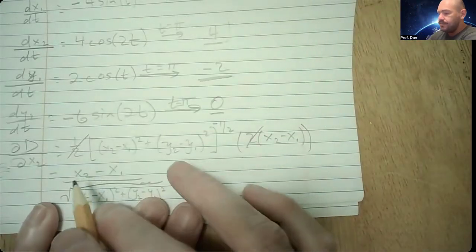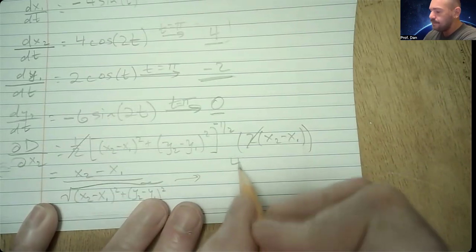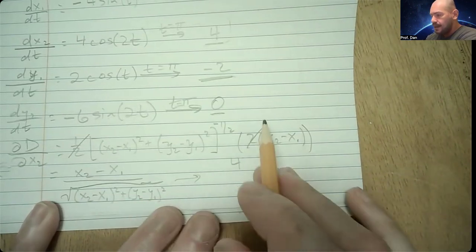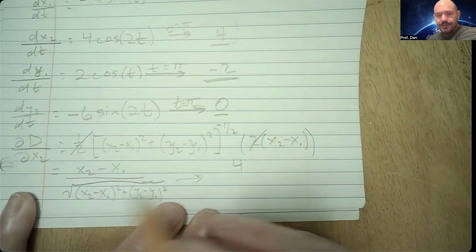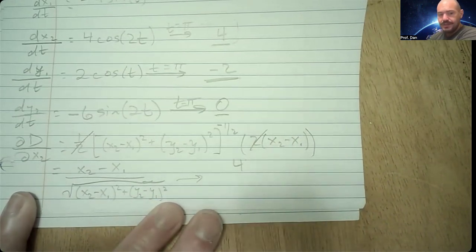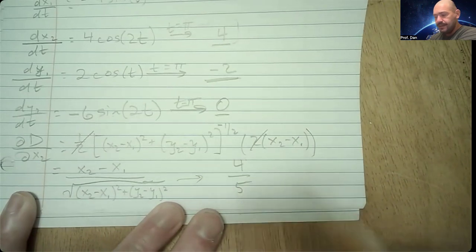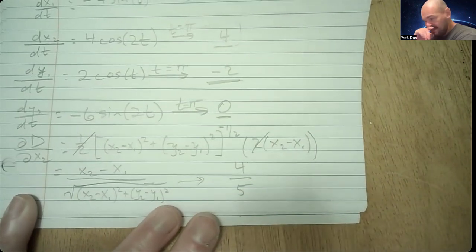So the numerator will be 0 minus -4, also known as +4. And because there's literally nothing different about this, we know that this is also going to work out to 5. So 4/5. Now moving on to the other partial derivative we need.